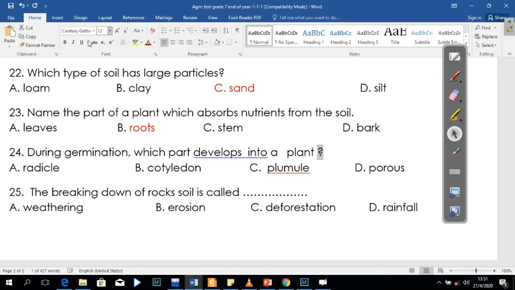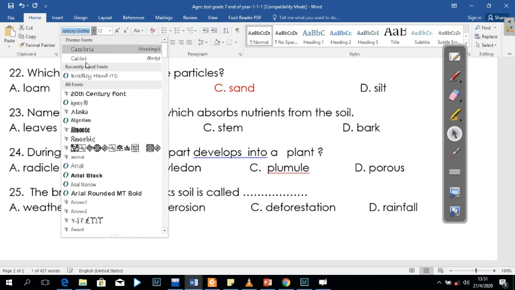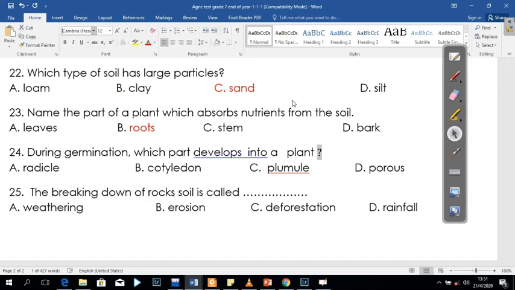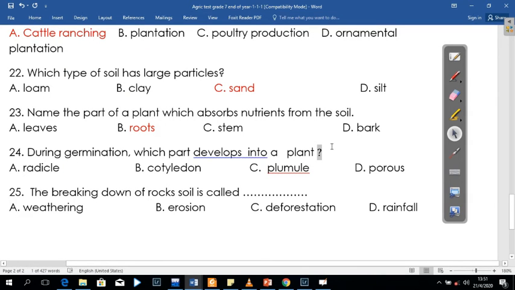I don't think it matters. I can just change it to any, like this. Then I have that, right? Which part develops into a plant? Is it the radicle? Is it a cotyledon? Is it the plumule?